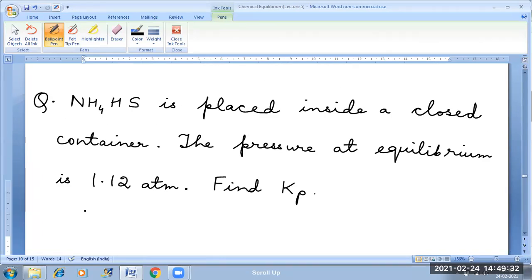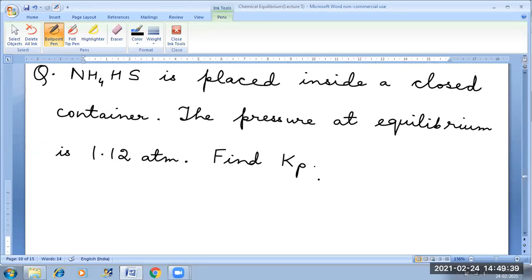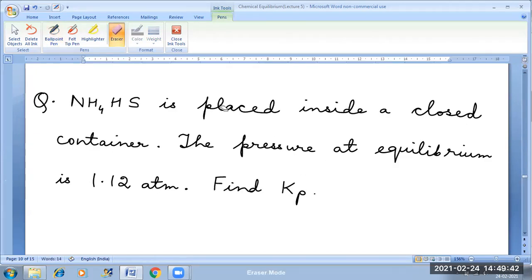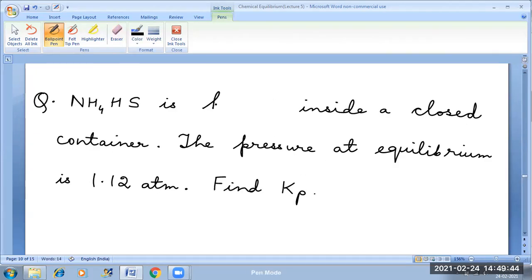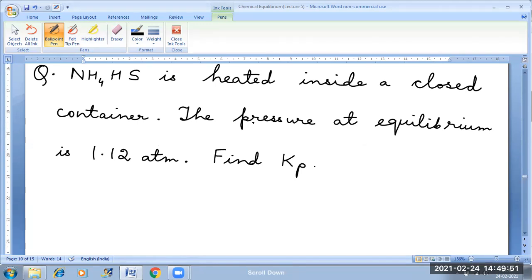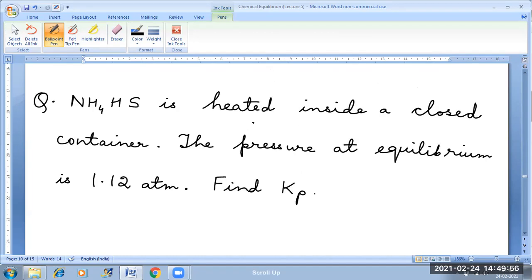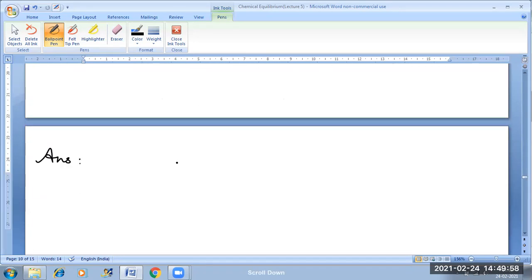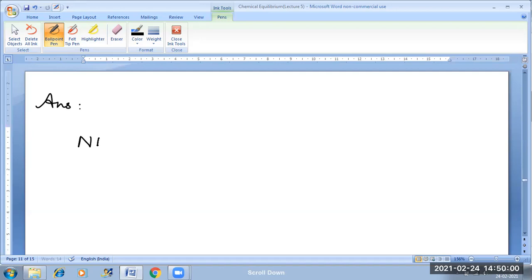NH4HS is heated inside a closed container. The pressure at equilibrium is known to us. Find Kp. So what is the first task? The first task is to write down the reaction. I have given you the reaction, so we can use that.